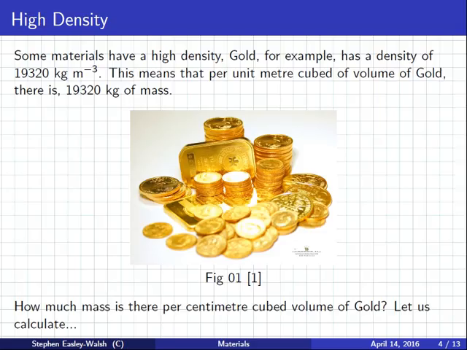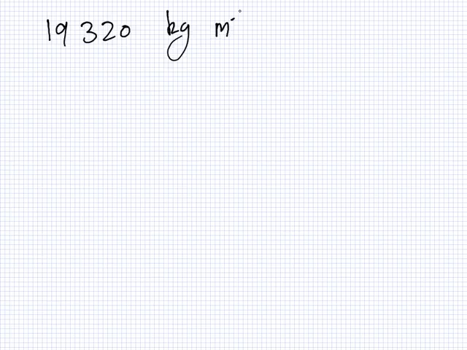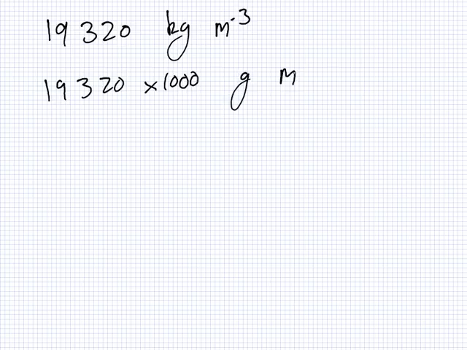Multiply by 1,000 and divide by 100 cubed. Yes, but you're doing it the way you learned in high school, which, remember I said, makes me sad. Let me remind you: 19,320 kilograms per meter cubed is 19,320 times 1,000 grams per meter cubed.